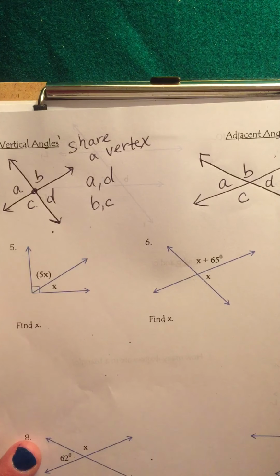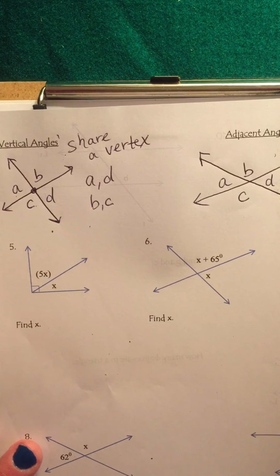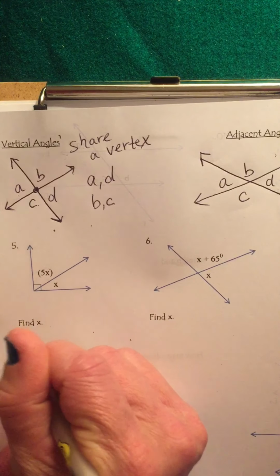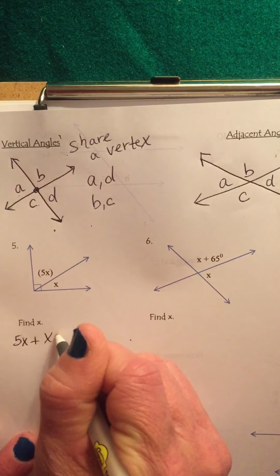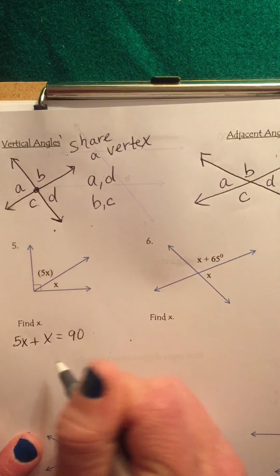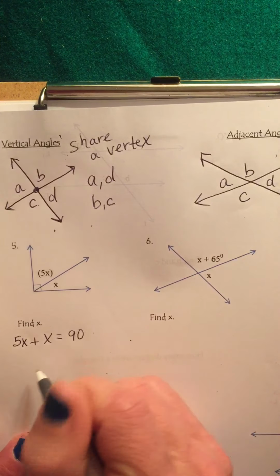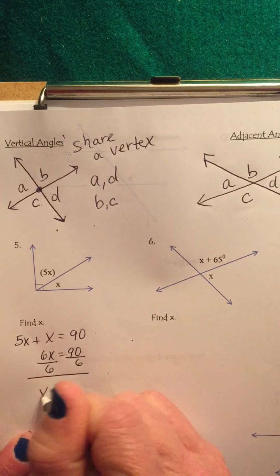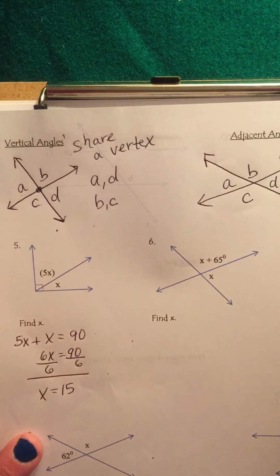Number 5, we're given that picture and given the directions to find x. Okay, those are complementary angles. So those two angles, the 5x plus the x, add to 90. 6x equals 90. X equals 15.